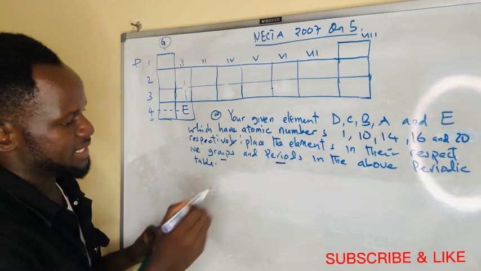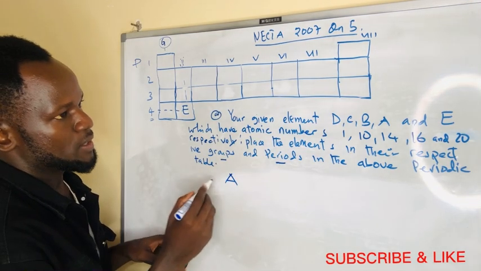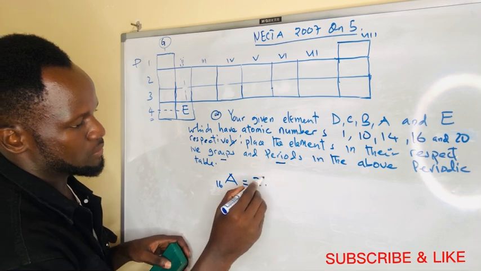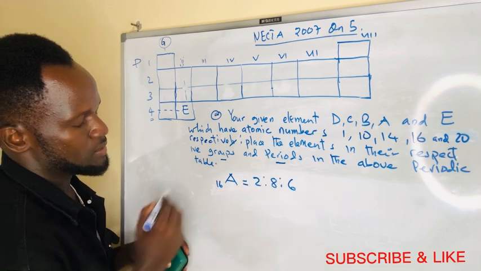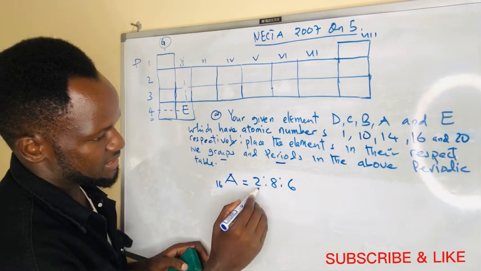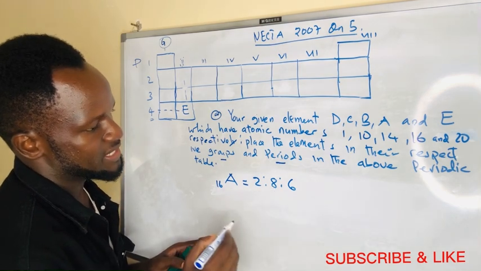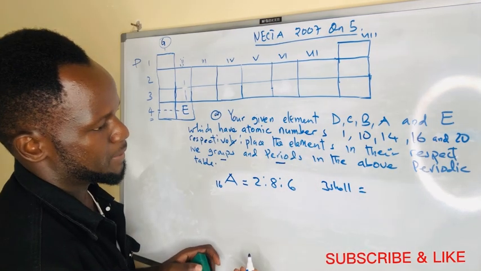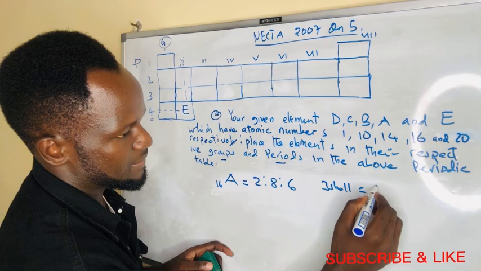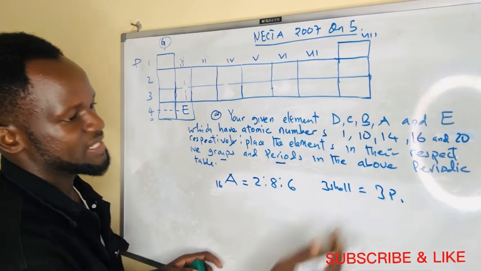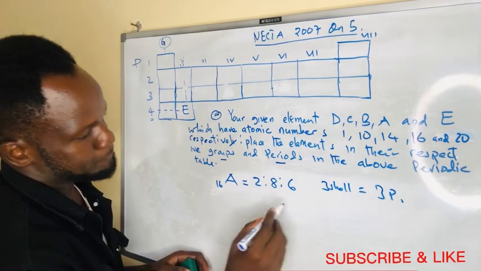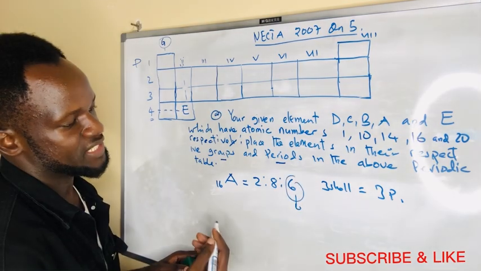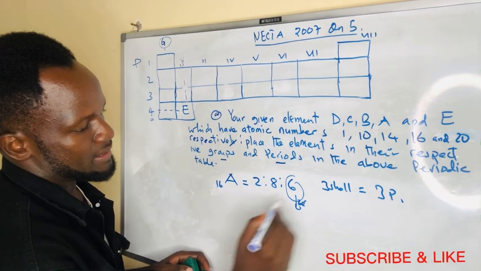Then let's come to letter A. First of all, we write the electronic configuration of A, which has atomic number 16. From your notes, it is 2, 8, 6: the first shell, second shell, and third shell. So we have 3 shells, which determine the period, so the period is 3. The number of electrons in the outermost shell determines the group number.